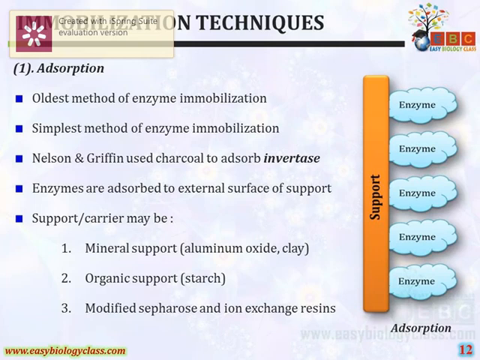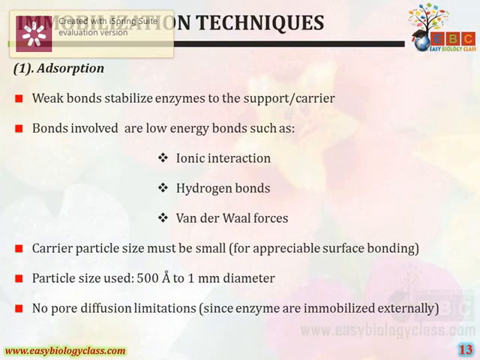The support or carrier or matrix used for this may be a mineral support like aluminum oxide or clay. It may be an organic support like starch. It may be a modified saccharose, and ion exchange resins may also be there. So these are the examples of the support system for the adsorption of enzyme on the surface of the matrix. A very important point is how the enzymes are linked to the support matrix.